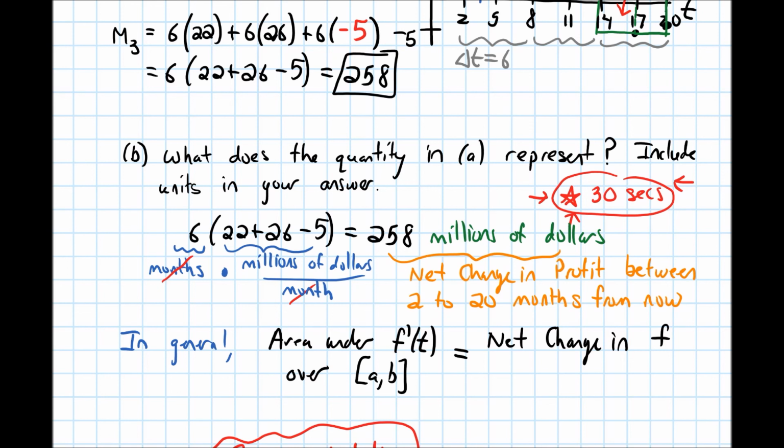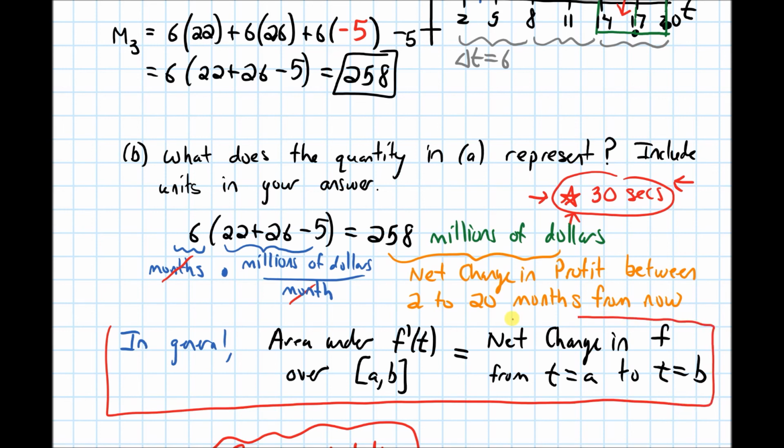In this case, it was the profit function, the original function, not the derivative. The net change in the original function from that starting point, t equals a, to that ending point, t equals b. Okay, so I'm going to box this because that is a big idea from this video.